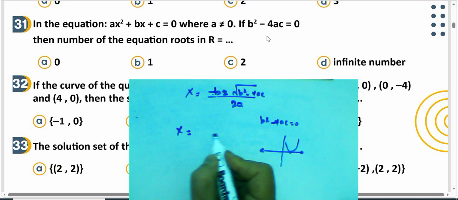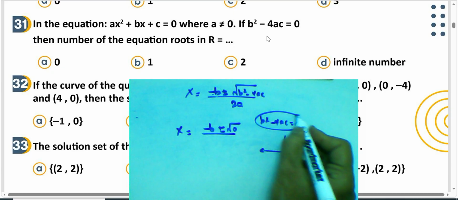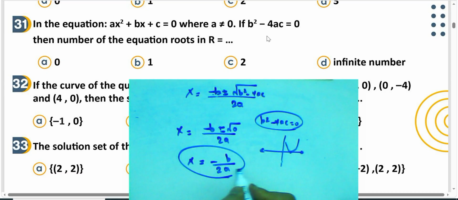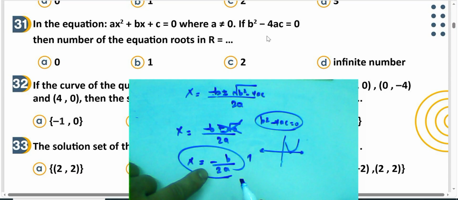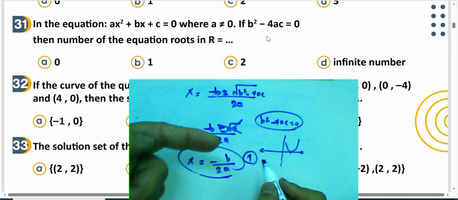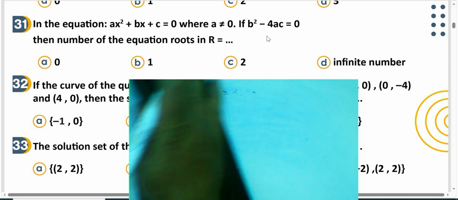Look here, x will be negative b, positive or negative square root of 0, over 2a. Then the value of x equals negative b over 2a. We have one solution, so choose letter b. The answer here is letter b because we have one solution.